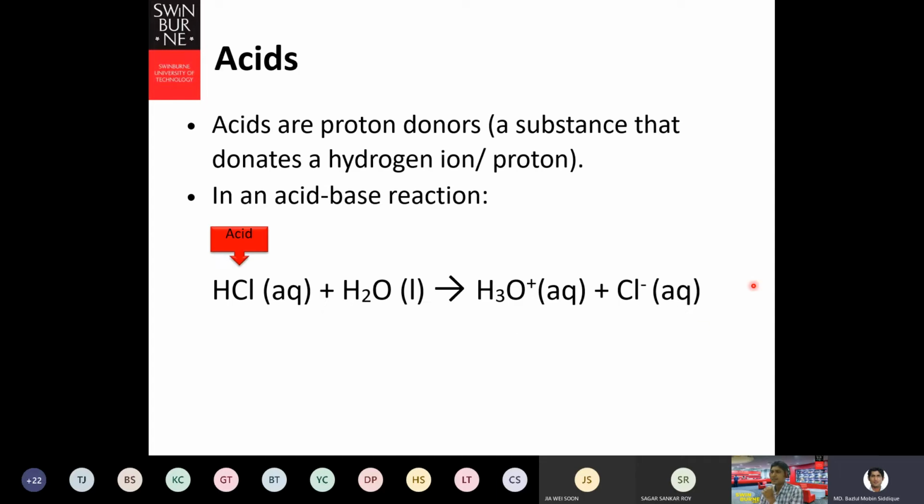So acid and base. What are acid and base? There are two definitions. I mean, there are many definitions. For these definitions, we will be using the Lewis definition of acid.